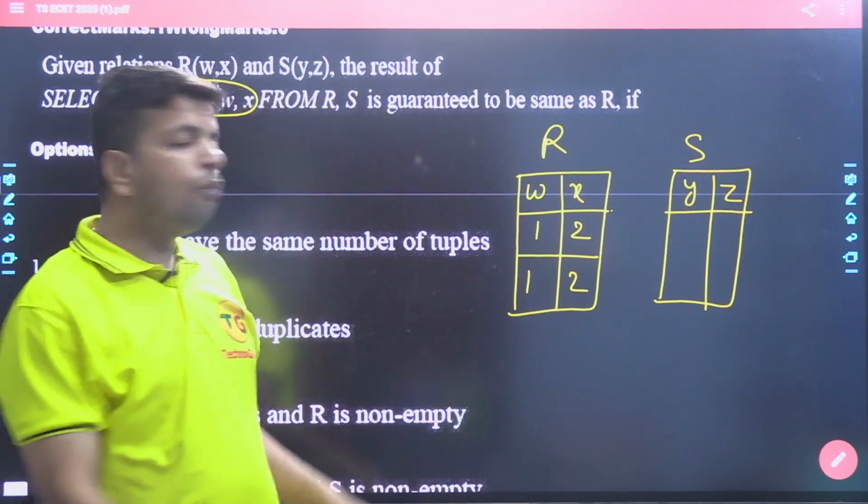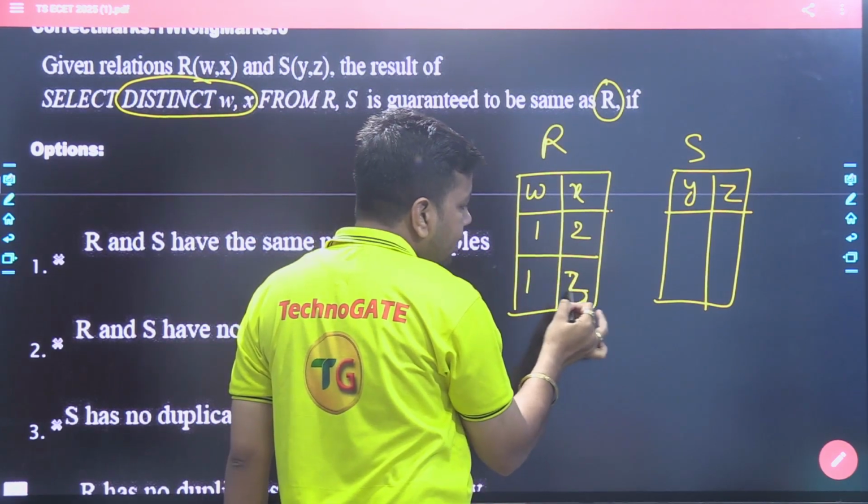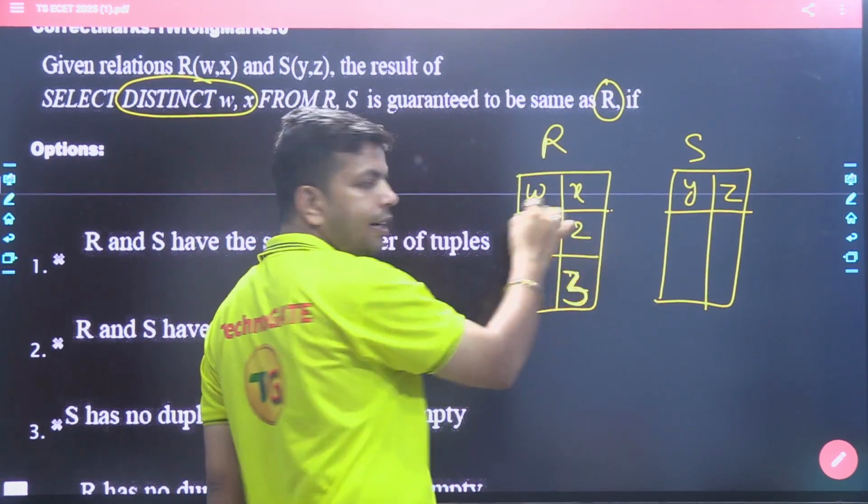But we want output exactly same as R. So we must ensure that its rows must be distinct.